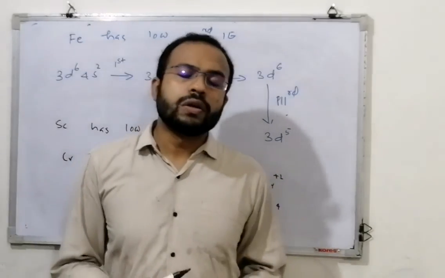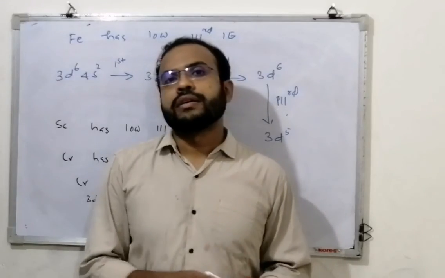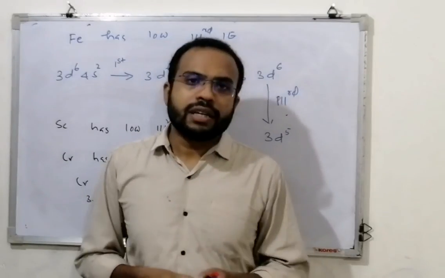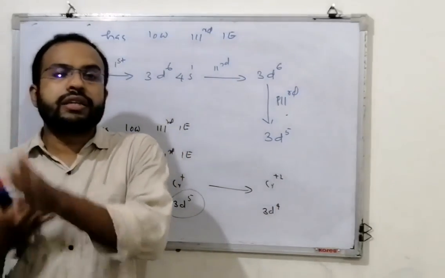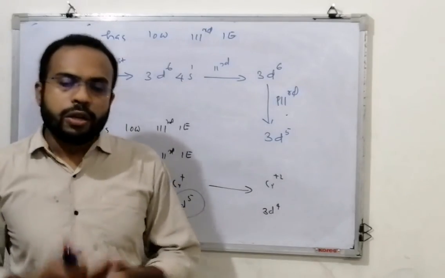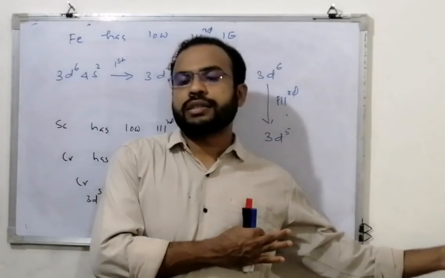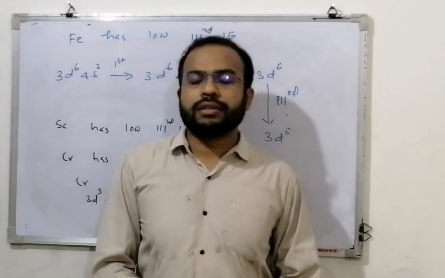Manganese also has very high third ionization energy, but iron has very low third ionization energy. Low means when you compare with the third ionization energy of other elements. Low second ionization energy means when you compare with the second ionization energy of other elements.